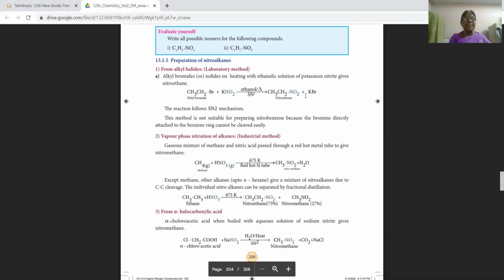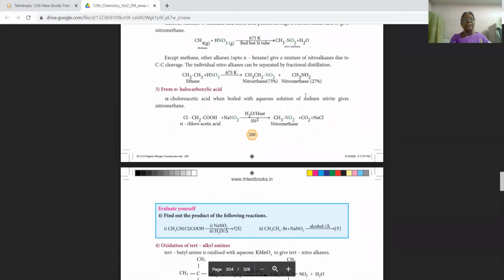The equation is CH3CH3, that is ethane. If it is treated with nitric acid at 675 Kelvin, you will get CH3CH2NO2, that is nitroethane 73%, and CH3NO2, nitromethane 27%. The next method is from alpha halocarboxylic acid.